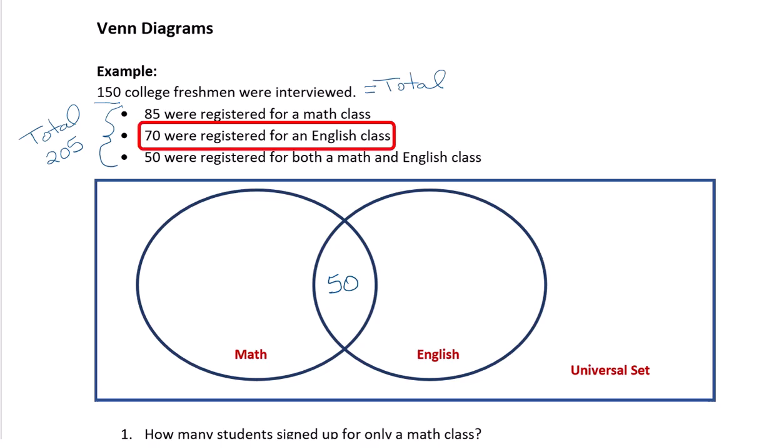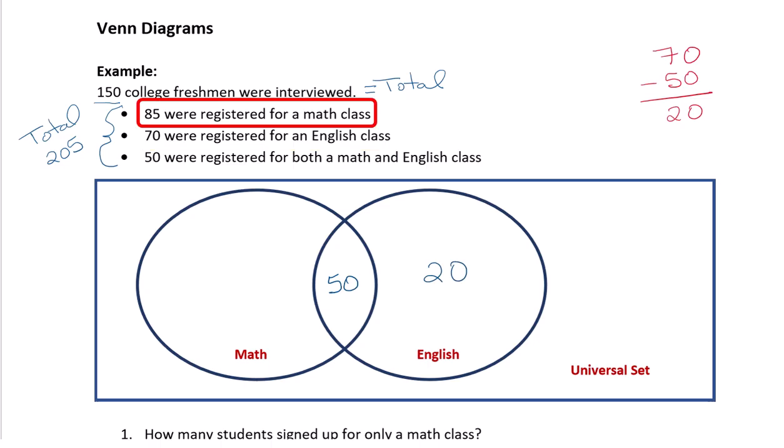Now we can look at the fact that there were 70 registered for an English class. Off to the side here, if there were a total of 70 students taking English, but we already had the 50 students registered in both English and math, then we only have 20 students registered for just English.